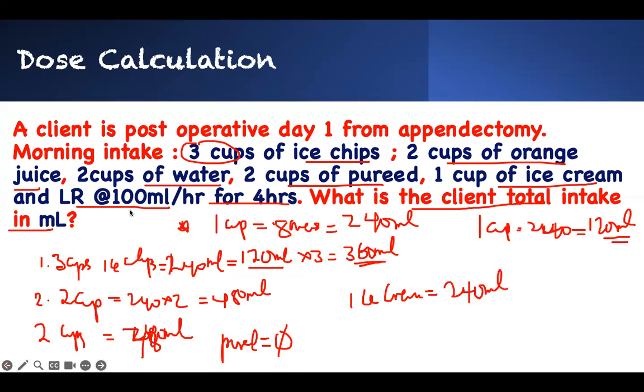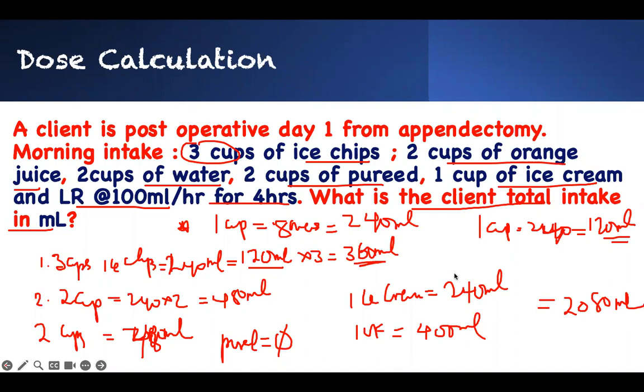And the patient is receiving what? 100 ml every hour for 4 hours. So for IV fluid, the patient receives 400 ml. Then you add all of them together. When you add them all together, the total is 2080 ml.